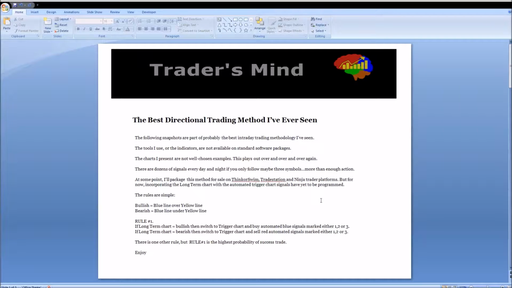I've been working on a directional trading method that's high probability in nature for probably 20 years. I coded a lot of stuff in TradeStation when I had that platform, and the one concept that I've always keyed in on is a concept that's been consistently there in every time frame since free markets have been traded.